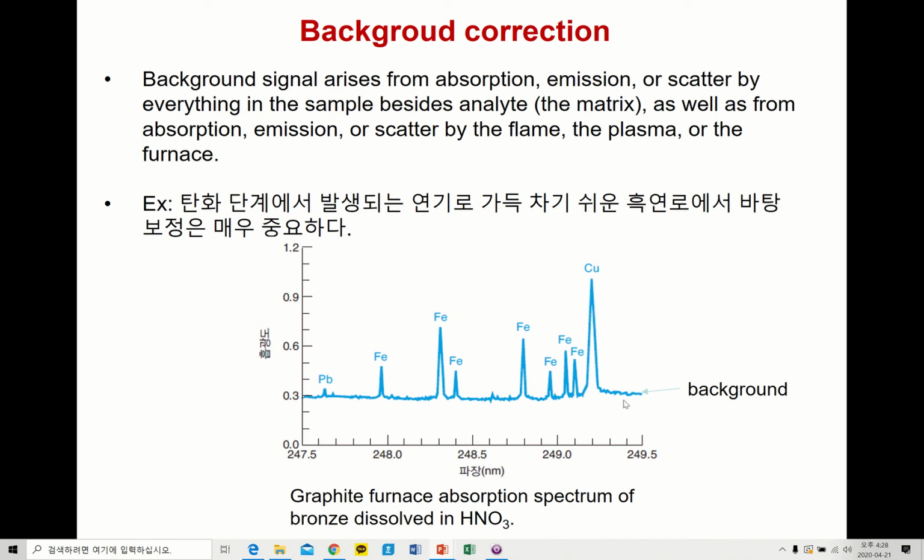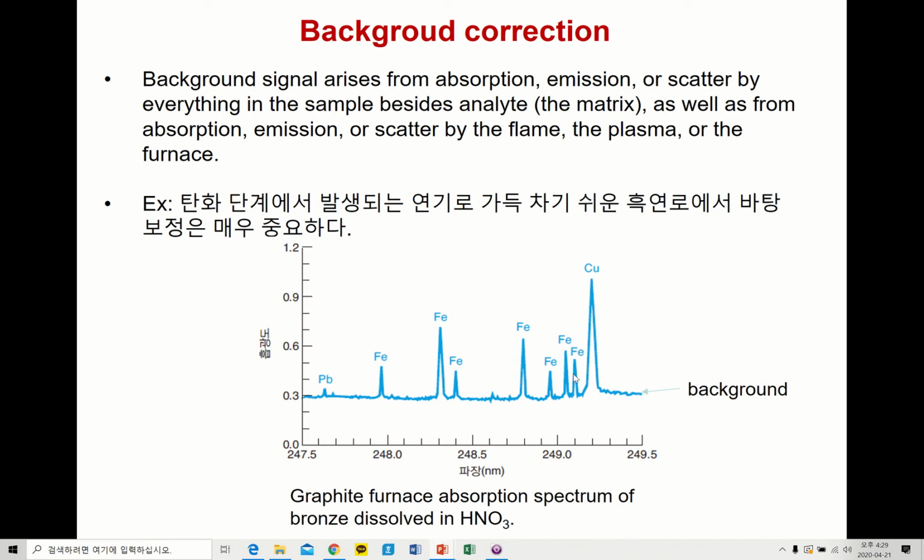This is always there. This 0.3 is the background. In other words, this is the noise. In the presence of this noise, the exact determination of the sample is not easy. So this background should be minimized.